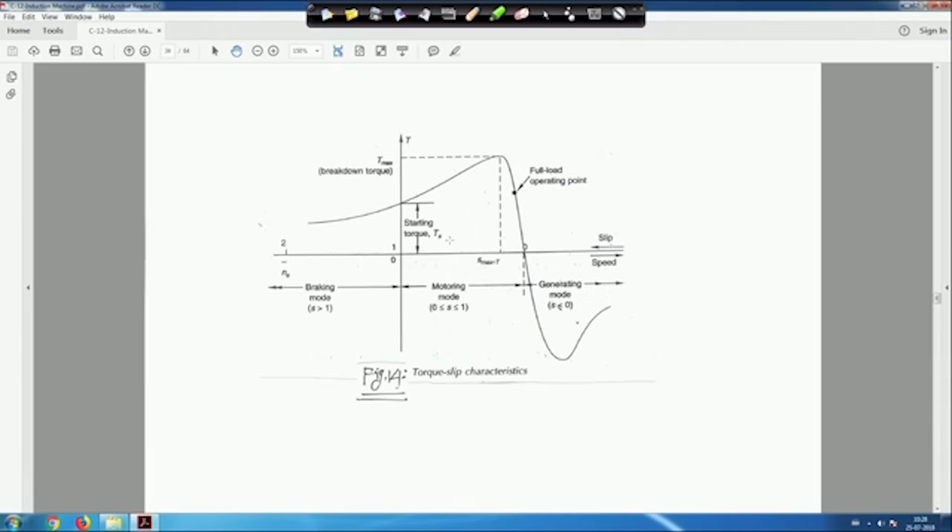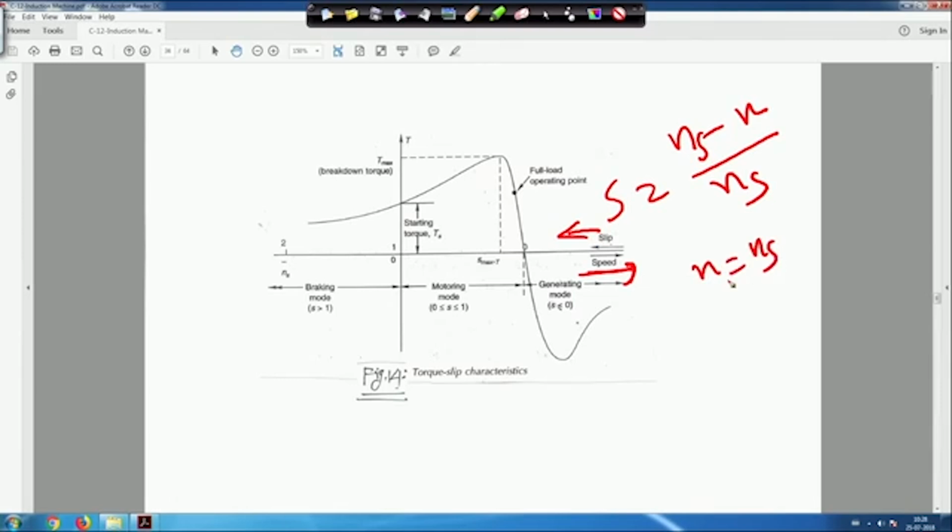So we know one thing, that slip is equal to ns minus n divided by ns, right. Look at this diagram. The speed is like this, and the slip direction is this way. Now suppose when n is equal to ns, then slip is equal to 0.